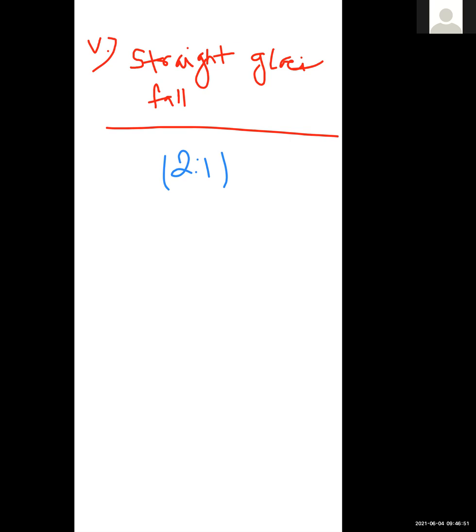So see the line diagram of a straight glacis fall. This is the canal bed. And over it a glacis is constructed, but the glacis is straight. So construct a straight glacis.